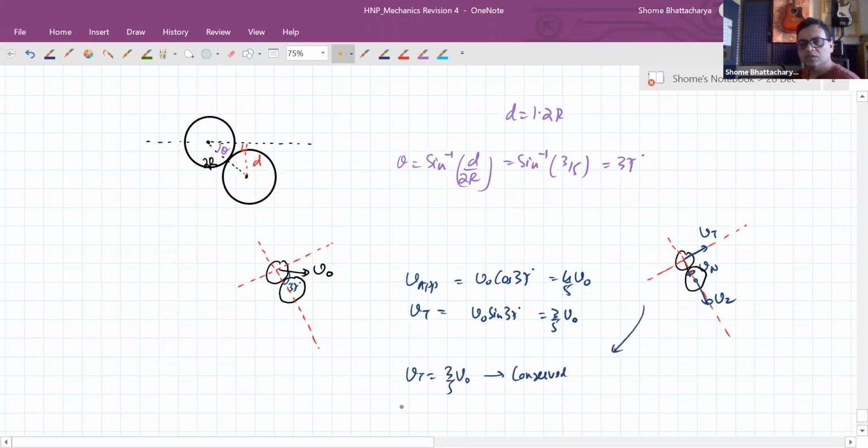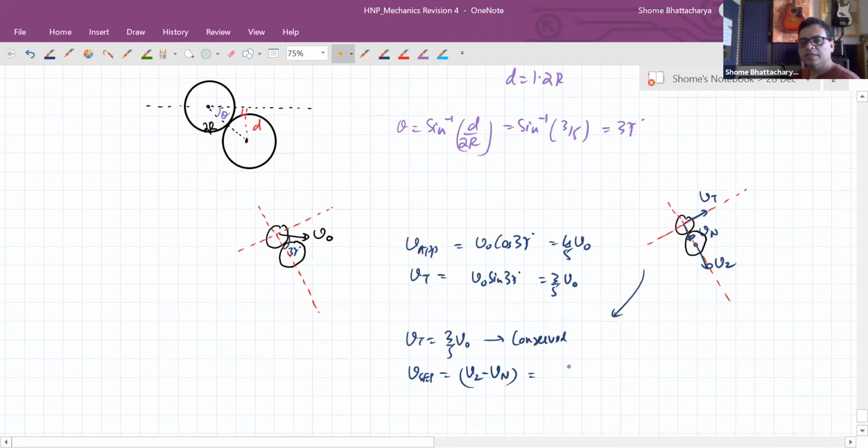The separation velocity becomes V2 minus Vn, and this should be equal to E times the approach velocity. Using this concept and the momentum conservation along the line of impact, our Vn will come out to be (m1 minus e m2) term, so 1 minus e by 2 times 4 by 5 V naught, because that is our approach velocity.